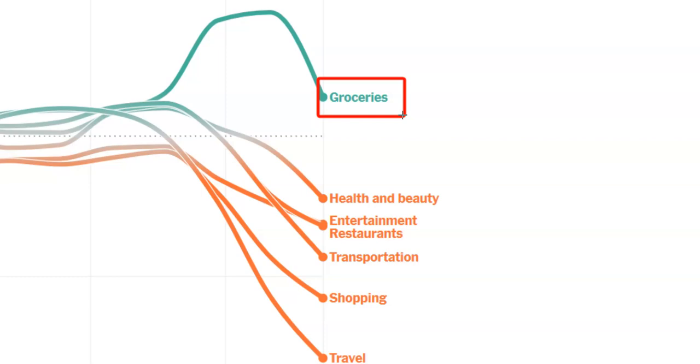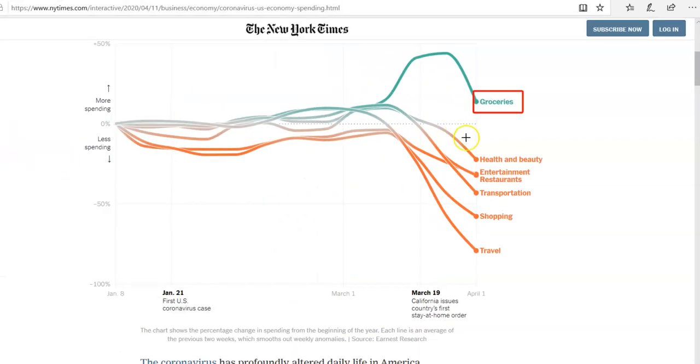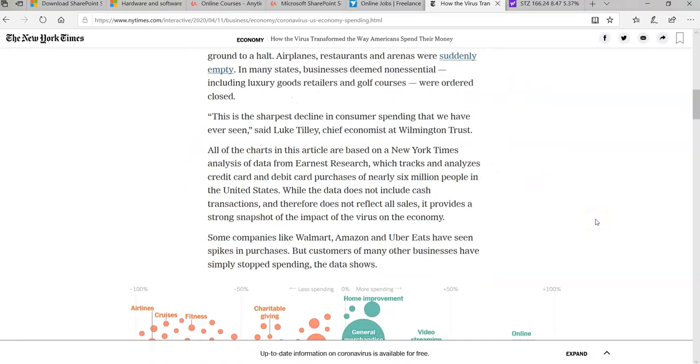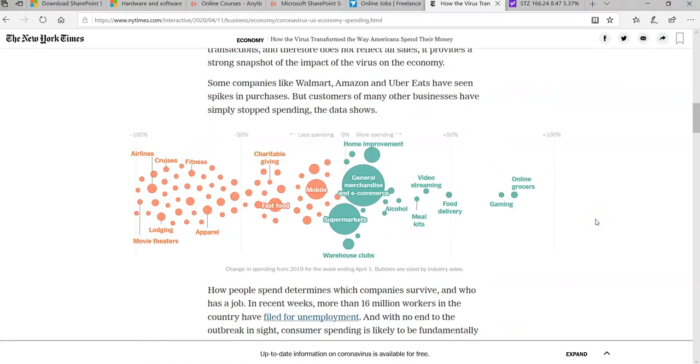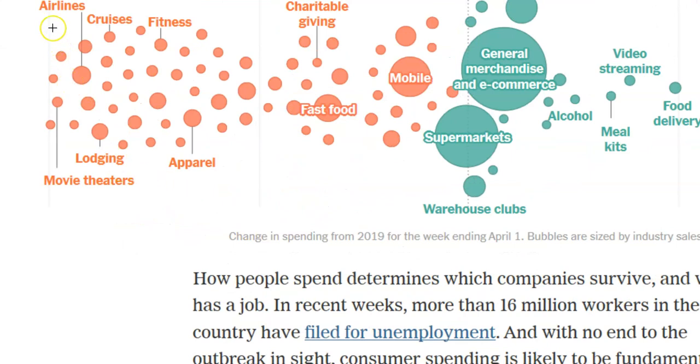Now let's look at another chart. Scroll down in the same article, and this is the good one that I wanted to take a look at. Again, airlines in the list money flowing category, and here alcohol, which is in this blue category.